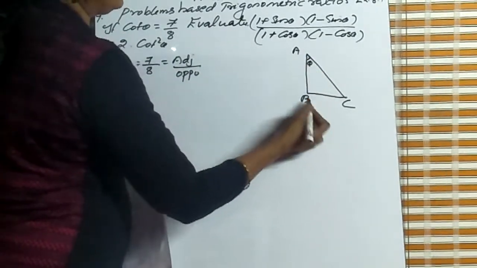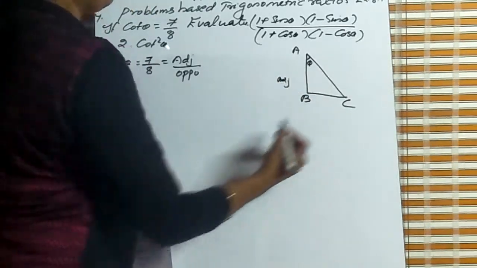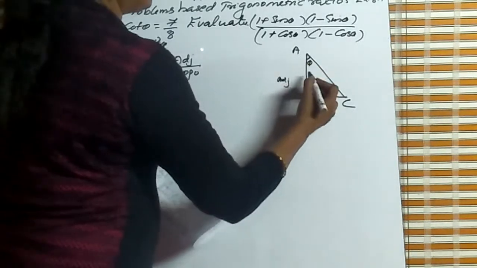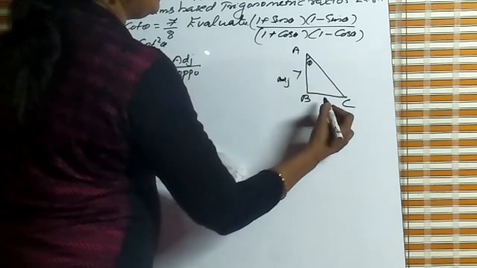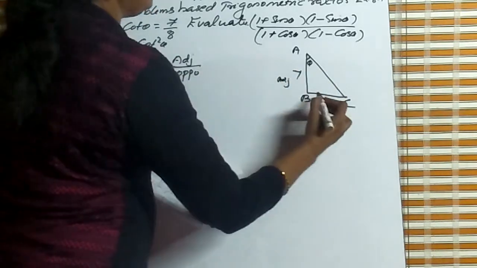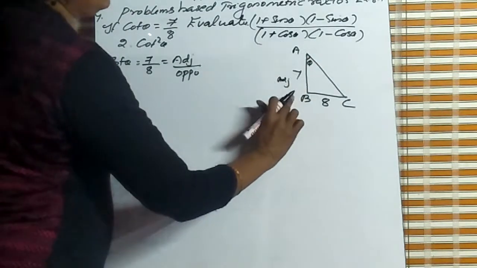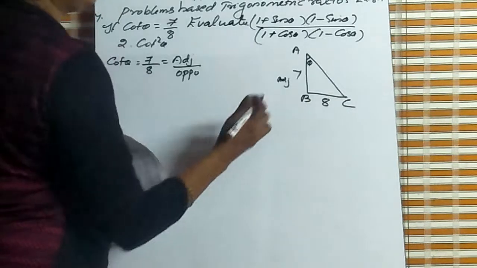Based on this angle theta, AB is the adjacent side and BC is the opposite side. So adjacent side is 7 and opposite side is 8.